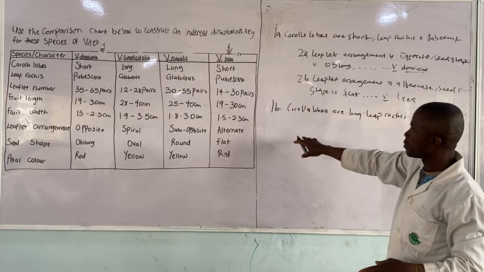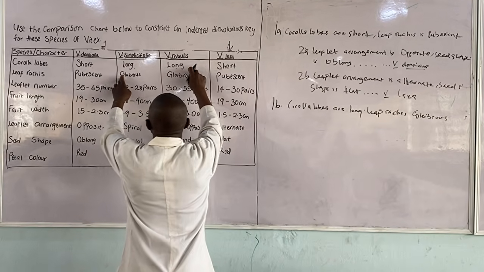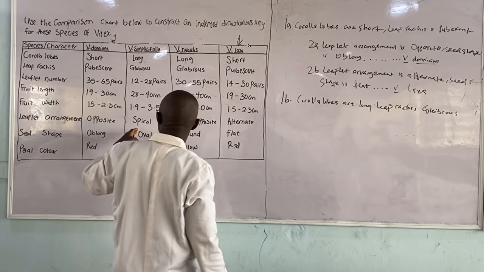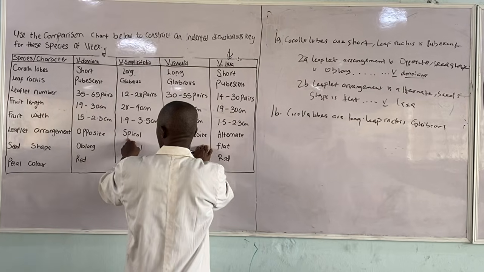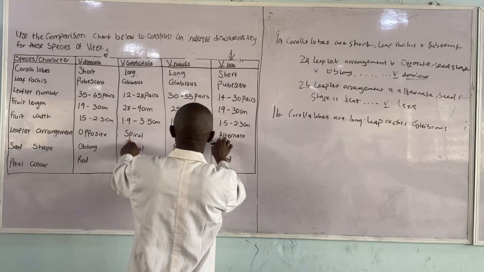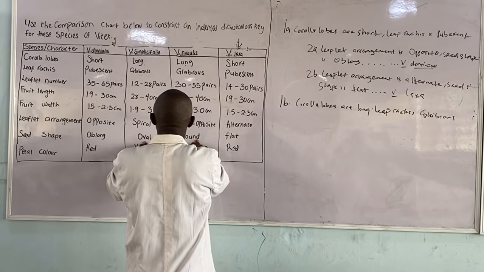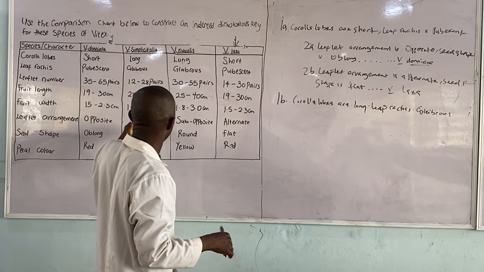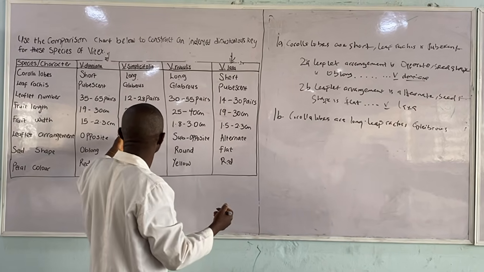Now let's go to the 1B. We have the long. So all the characters that can differentiate them, you can say leaflet arrangement is one is spiral, one is opposite, one is oval, one is round. But there are other characters you can use apart from using words; you can use figures too instead of using only sentences or words.